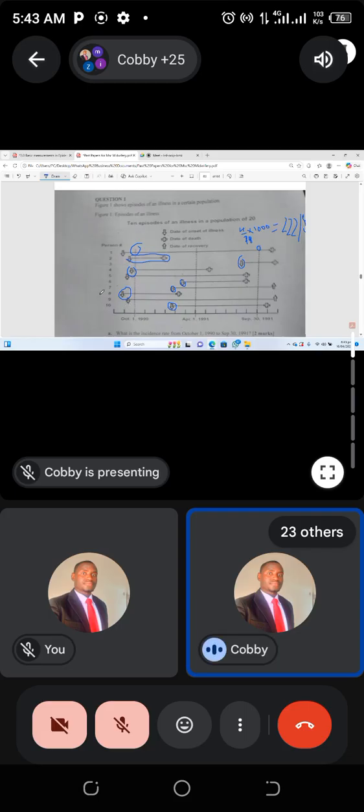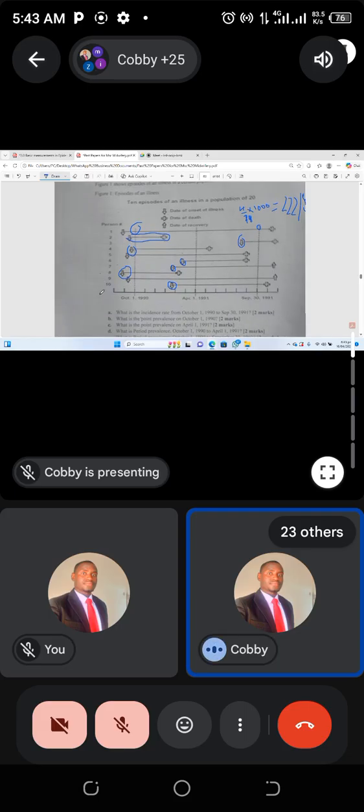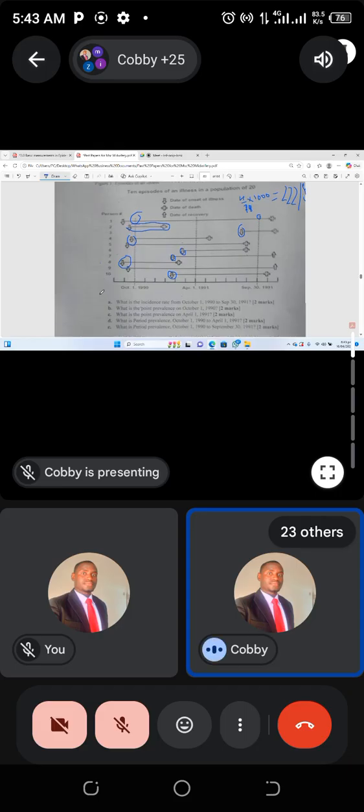Then now let's look at the point prevalence on 1st October 1991.